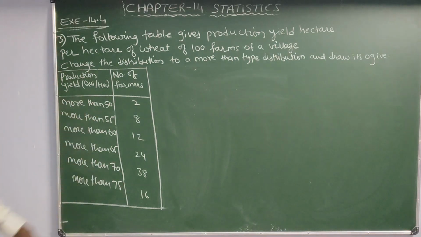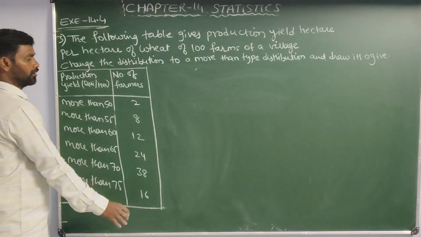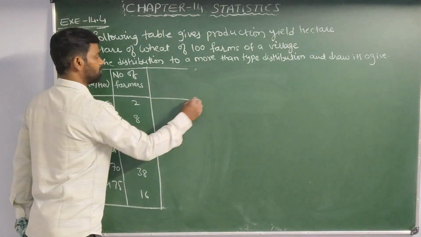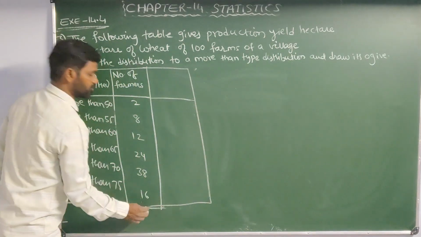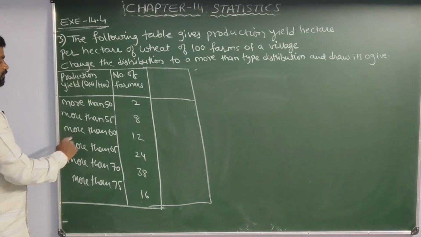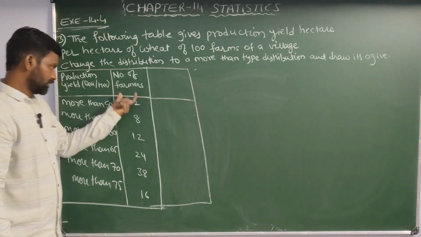We have taken the lower limits. Again, in the second column, all are the frequencies. Now we have to write the more than cumulative frequency for more than 50, more than 55, more than 60, more than 65, more than 70, and more than 75. And these are the frequencies.